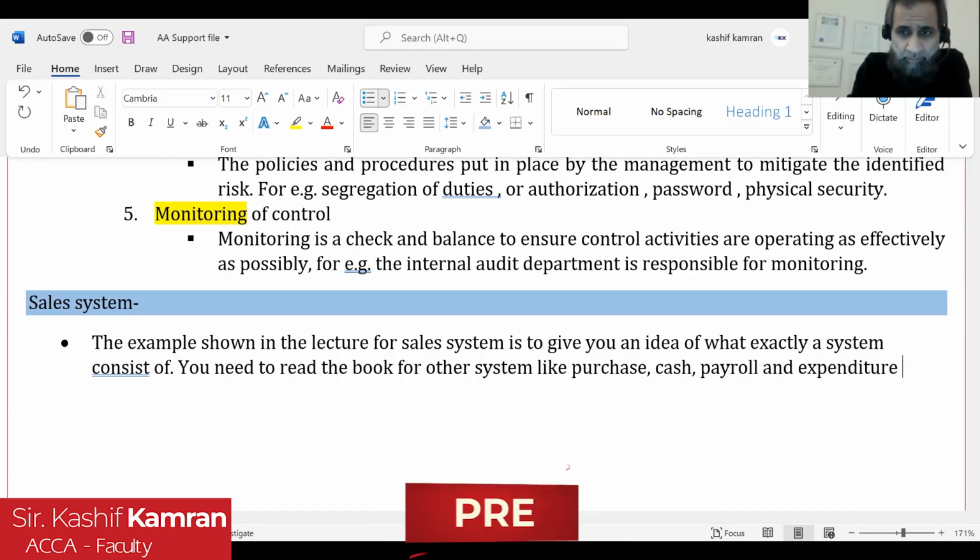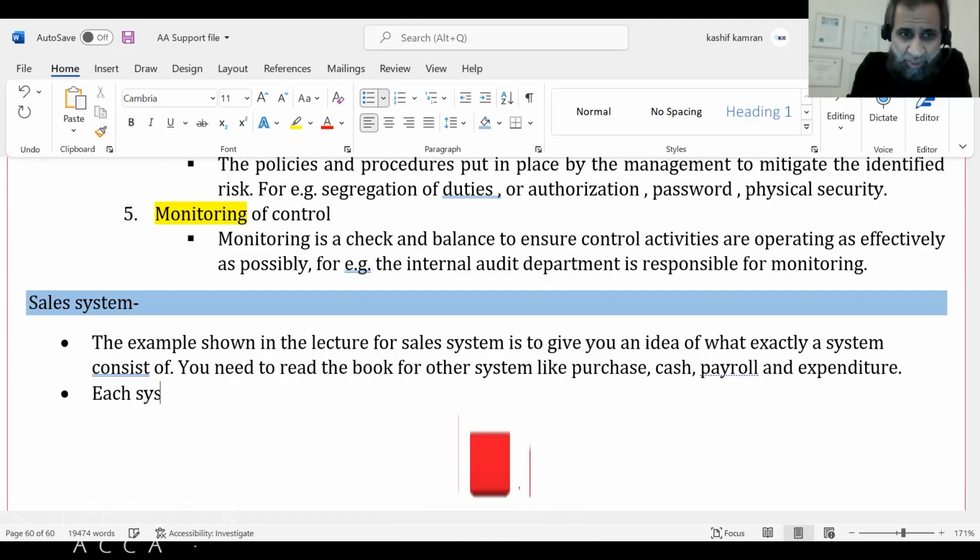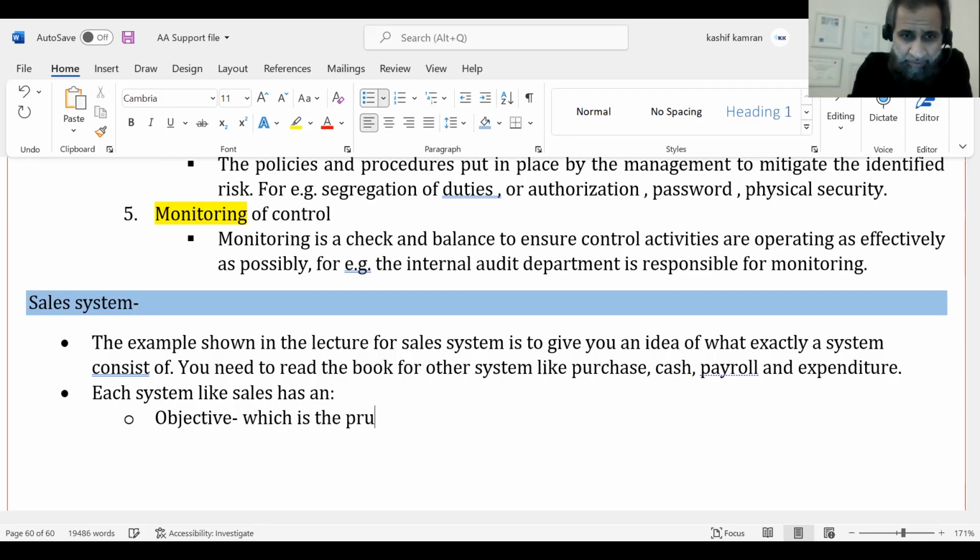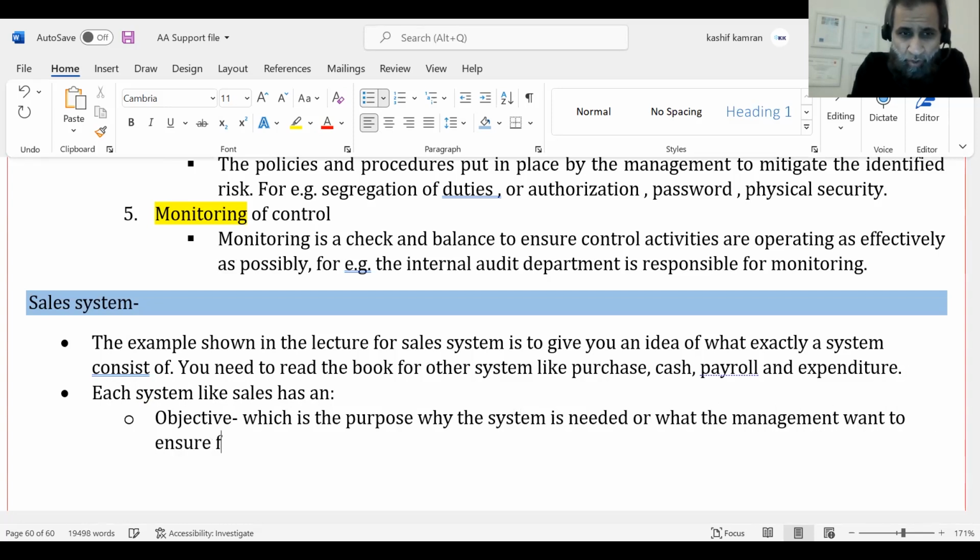Expenditure. Now, each system, like sales, has an objective, which is the purpose, why the system is needed, or what the management want to ensure from the system.